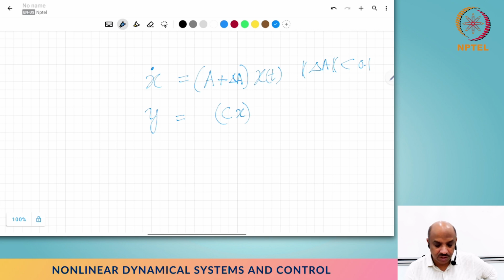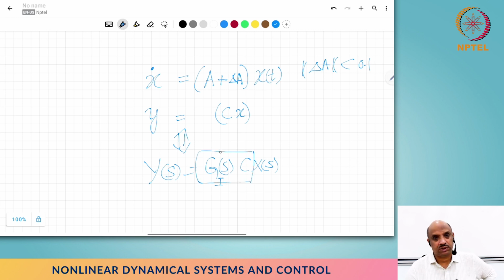Similarly, on the other hand, we assume that some linear combination of X is measured, but the measurement is done through an instrument, and every instrument has its own dynamics. This is in fact equivalent to Y of S being equal to some transfer function multiplied by C times X of S. But we really don't care about modeling this, or it's too complicated to worry about the dynamics of that instrument.